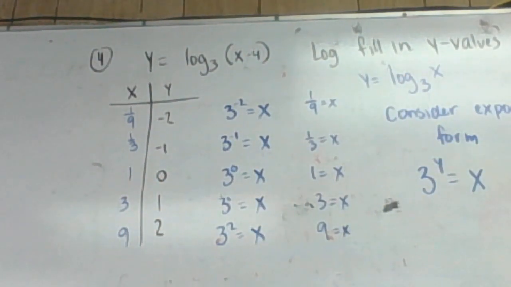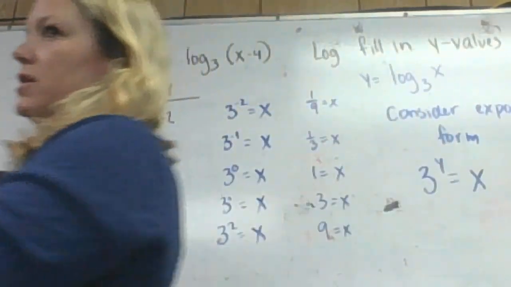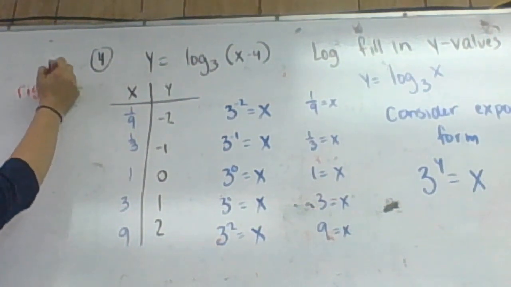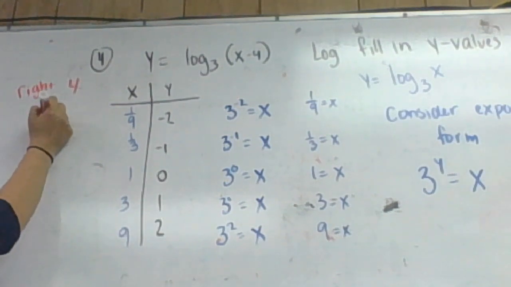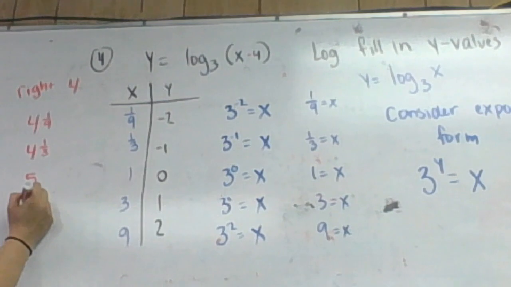We did that. But our graph has this -4, which means we're going to go right 4. So we're actually going to add 4 to these. So the real x's are 4 and 1/9, 4 and 1/3, 5, 7, and 13.